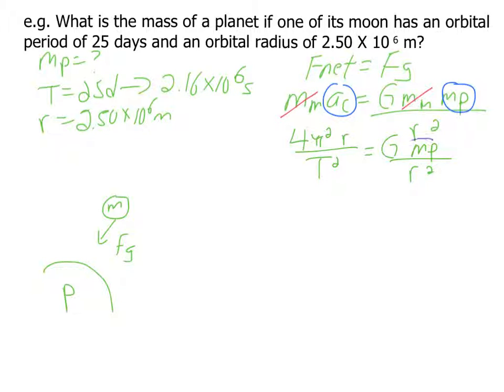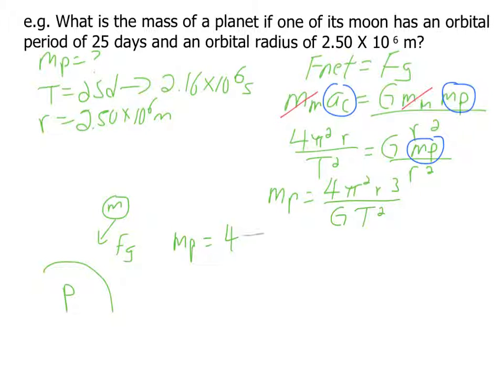We're looking for the mass of the planet, so let's isolate for it. So mass of the planet equals 4 pi squared r cubed, because now we have to move the r squared onto the other side. So r times r squared becomes r cubed, all divided by G and the square of the period.